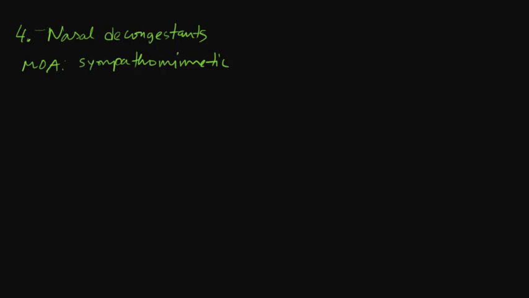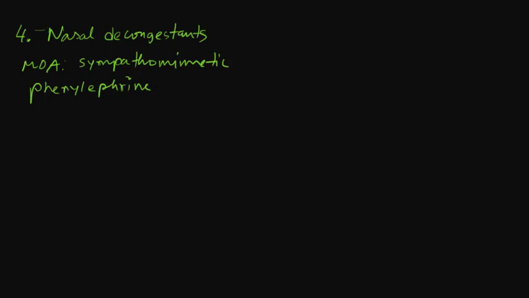The common examples of nasal decongestants are phenylephrine, and also, as you can remember, phenylephrine and epinephrine are closely related, and these drugs are also available as nasal and oral products.